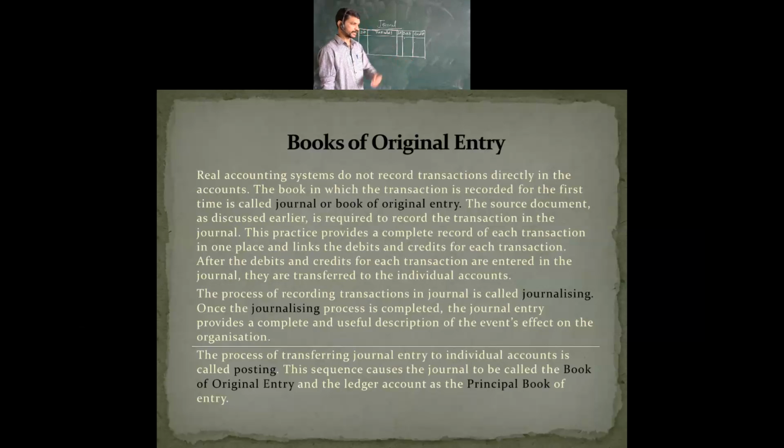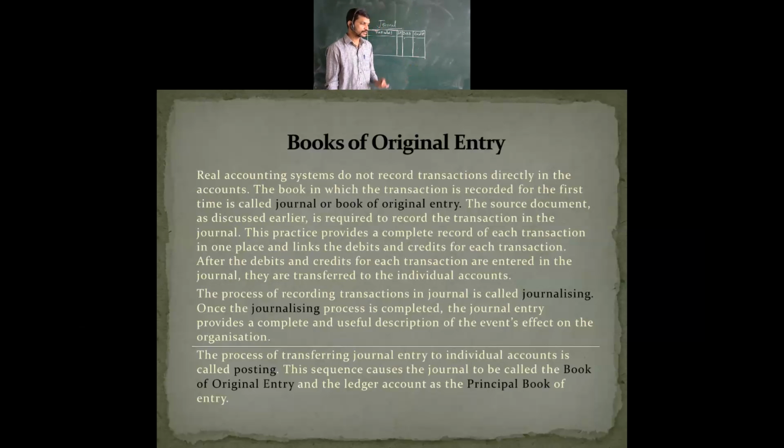Next, the process of transferring journal entries to the individual accounts is posting. After you pass the journal entry, you post it to the ledger accounts. That is where you will come to know where you are going to post it. Individual accounts are where you are going to pass it. How and where you pass it, I will show you here.